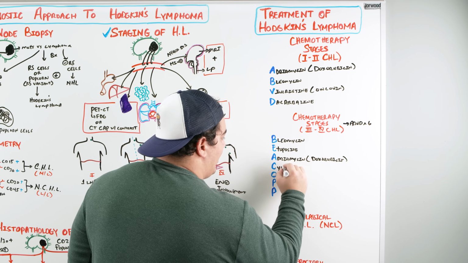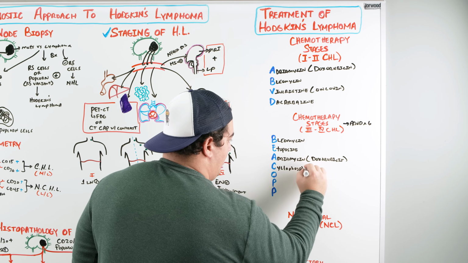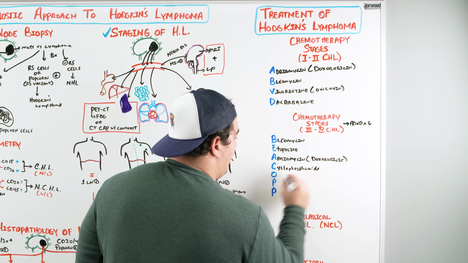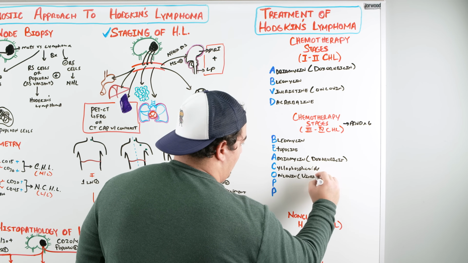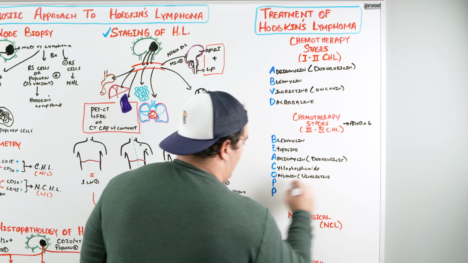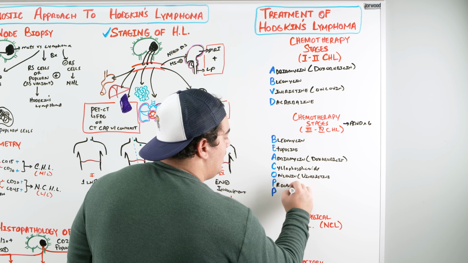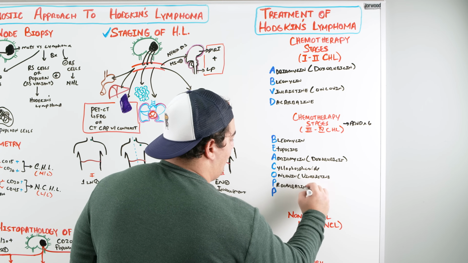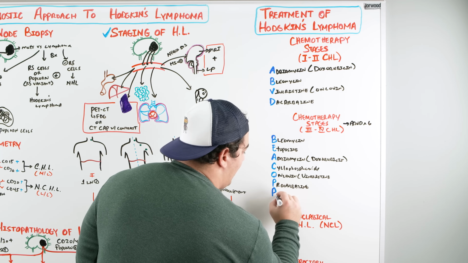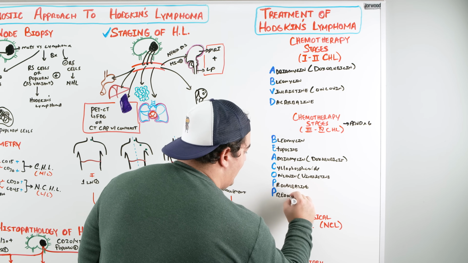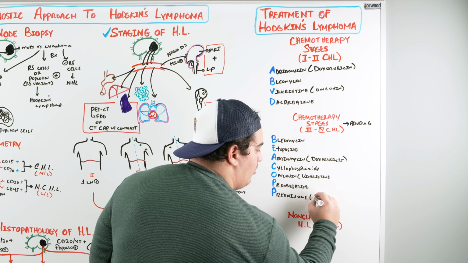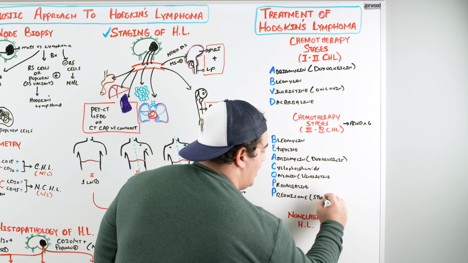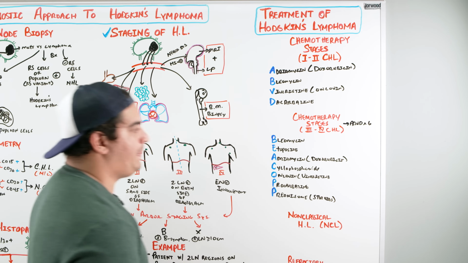You could use cyclophosphamide, Oncovin, which is again the brand name for vincristine. The next one is called procarbazine, which is kind of like a form of dacarbazine. And then lastly is prednisone, but this is just to indicate that you could use any steroid. Prednisone, prednisolone, dexamethasone, it's just an indication that you want to use steroids.